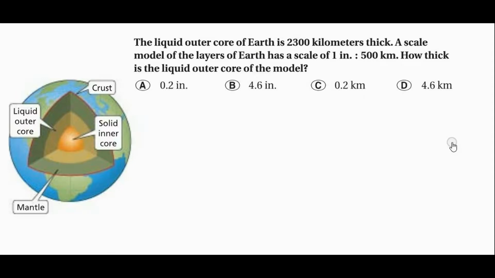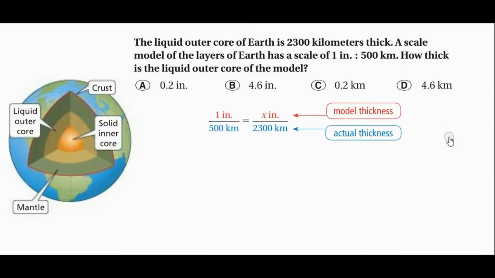And actually, let's take a look at how they do this problem. The first thing that they do is set up their proportion. Here's our measurement of 1 inch to 500 kilometers, so the model to the actual. And then here we set up what we don't know, which is our model thickness of the liquid outer core of the Earth.